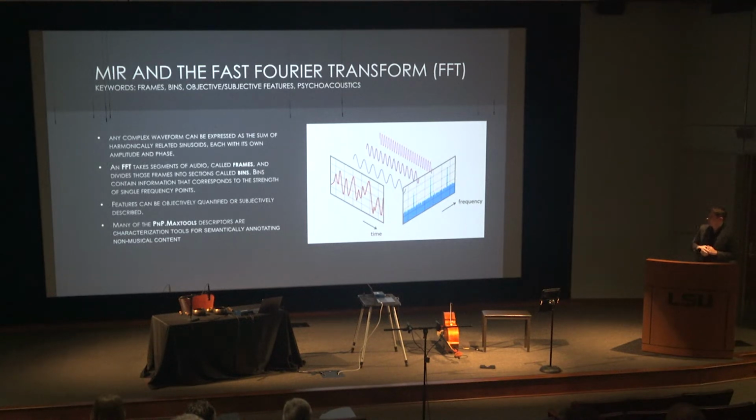We're used to seeing time plotted along the x-axis and amplitude along the y-axis. But what an FFT does is it takes a segment of audio, usually several milliseconds, somewhere from like 20 all the way up to 80 in some cases, depending on the size.